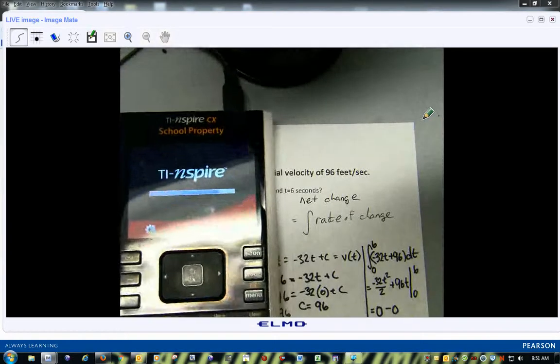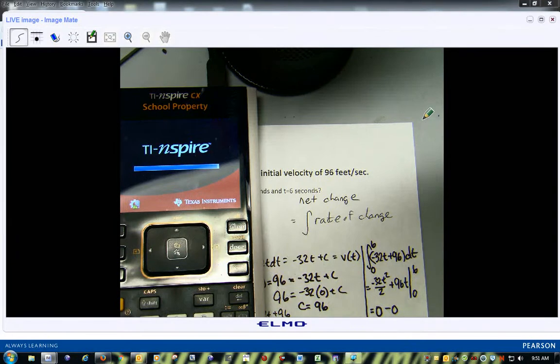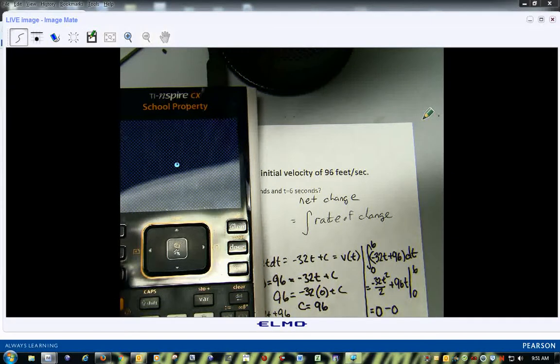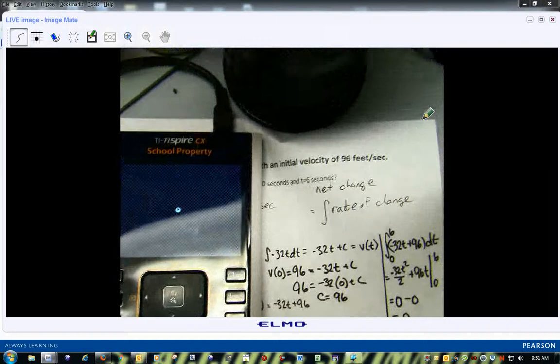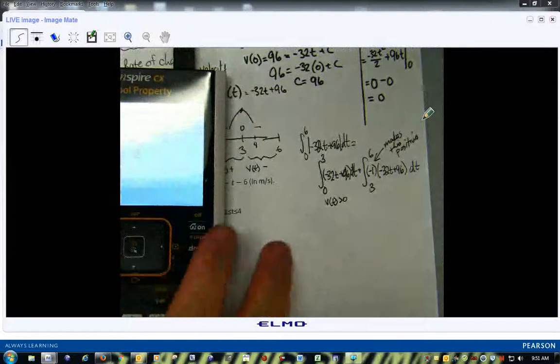Alright, if you don't have an Inspire with you, go grab one, because you can use this on the test. Alright, there's a good spot.